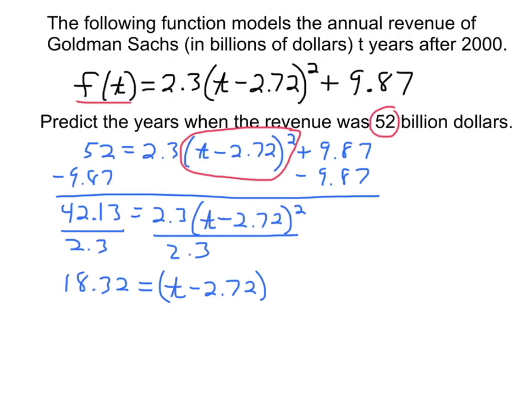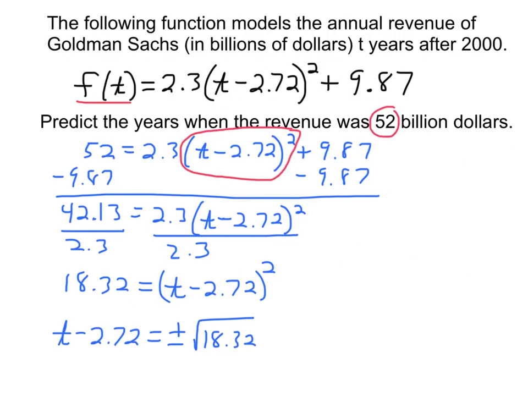And now, since we've got the squared set of parentheses by itself, we can take the positive and the negative square root. So we would say, I'm going to flip the sides of the equation, so that t minus 2.72 would equal the positive or negative square root of 18.32. Now in an application like this, you'd like to just convert the square root of 18.32 to a decimal.